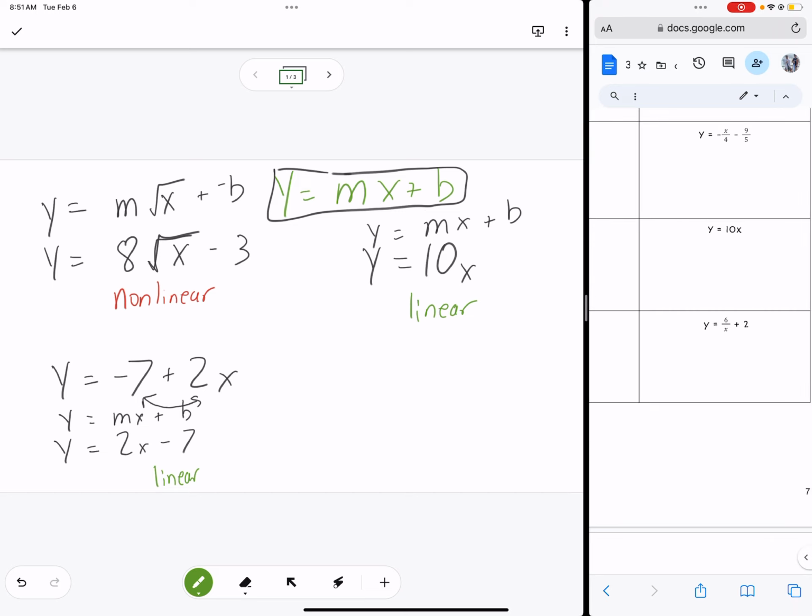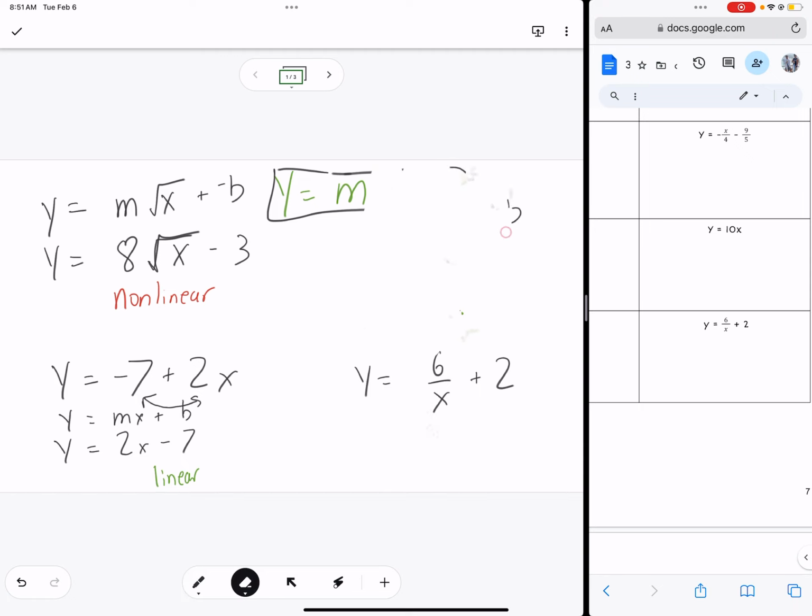Next one, our last one. We have y equals 6 over x plus 2. Now, this is different. In the other example that we had, I'm going to rewrite it up here, it was y equals x over 4, technically negative, minus 9 over 5.